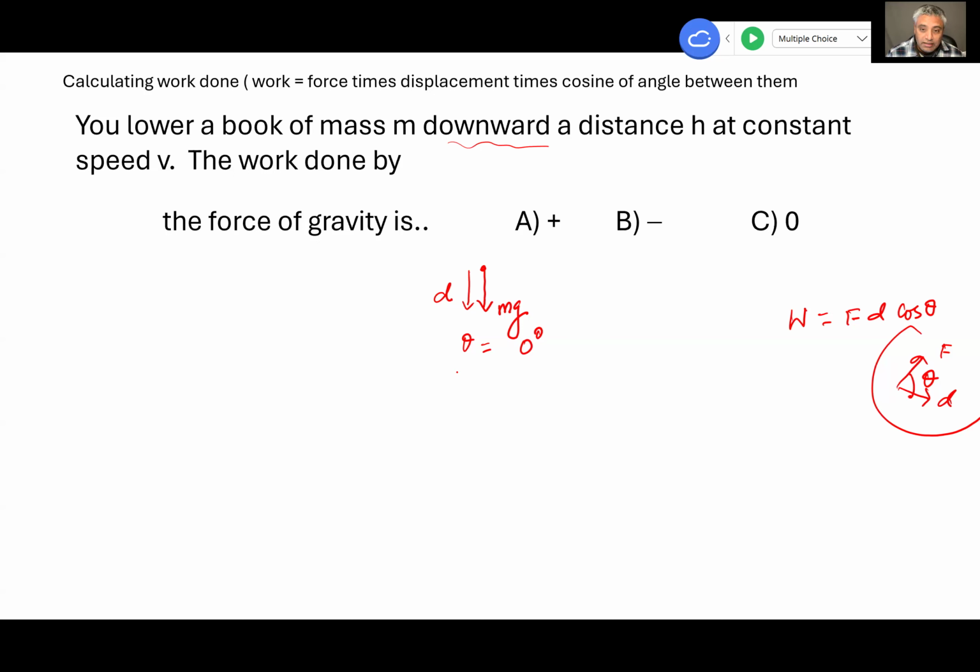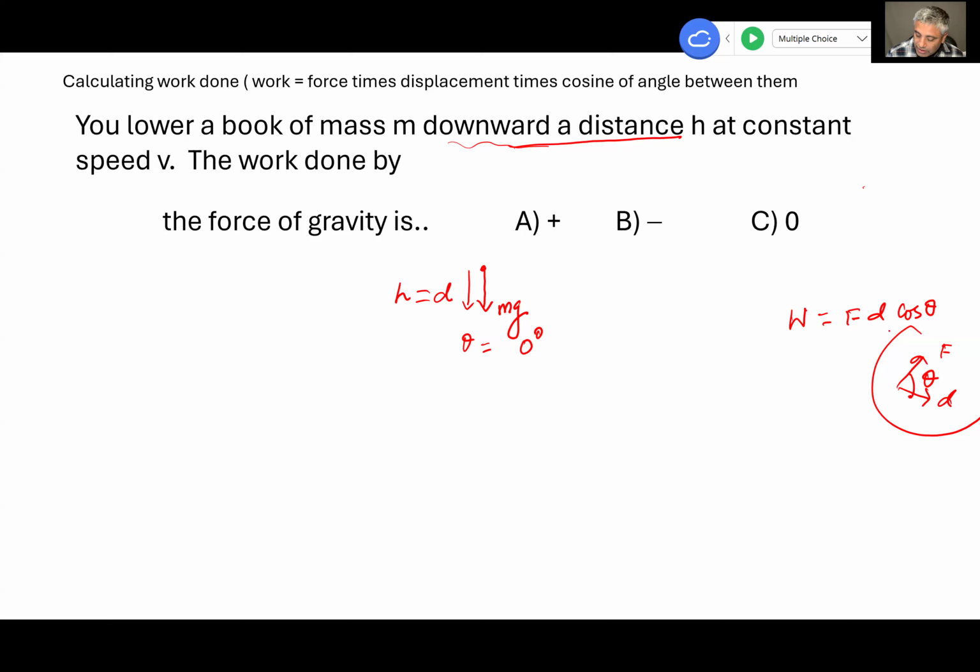When two things are pointing in the same direction, the angle between them is 0, no matter what direction they are pointing, as long as they are pointing in the same direction, right? So in this case, downward, so D is h.